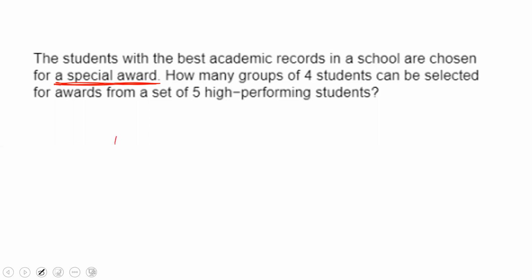When we have our five students and we're going to pick four of them, it doesn't matter who we pick first or last. So this is a combination. As I plug that into my calculator, five choose four gives five ways we can hand out that award to those four students, because essentially everybody but one student gets it.